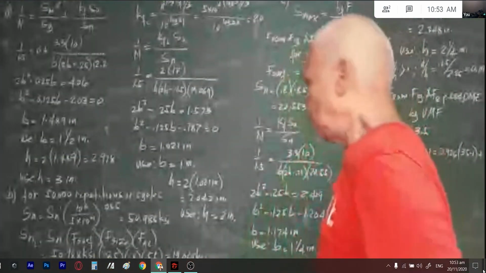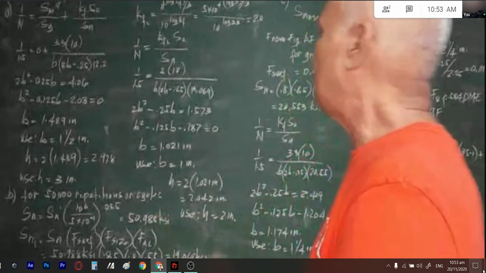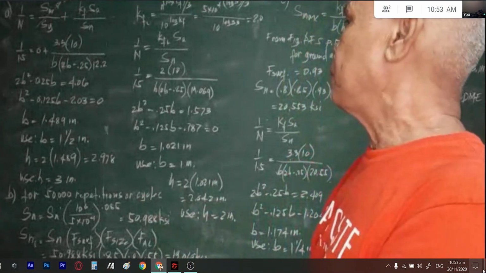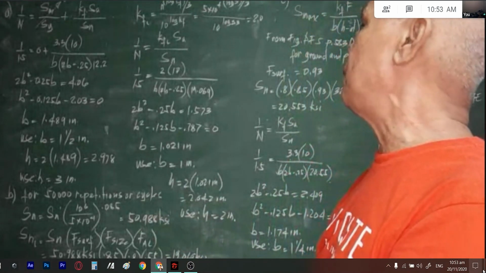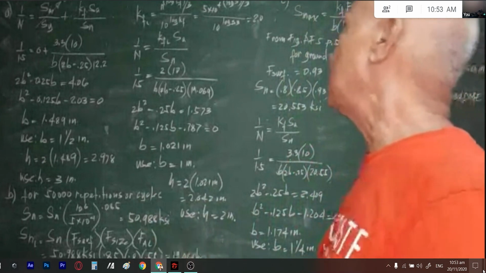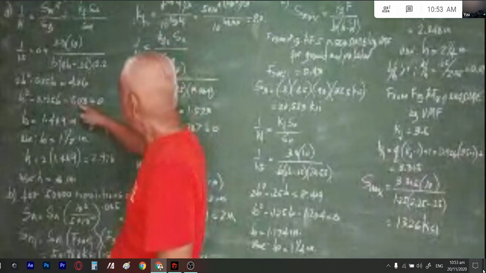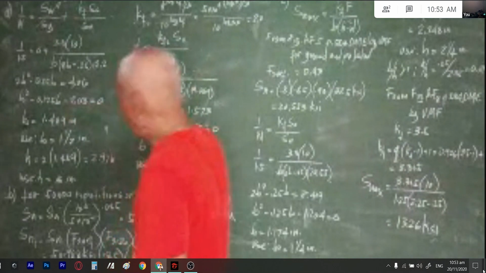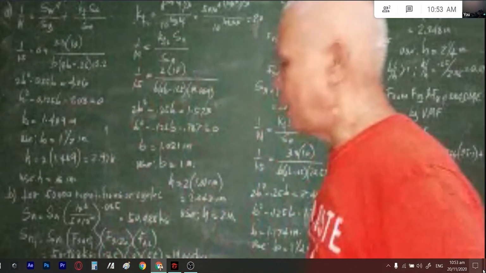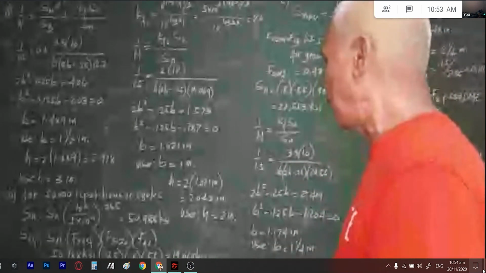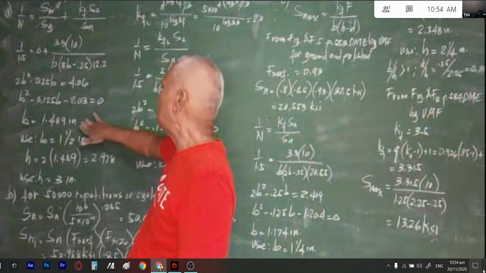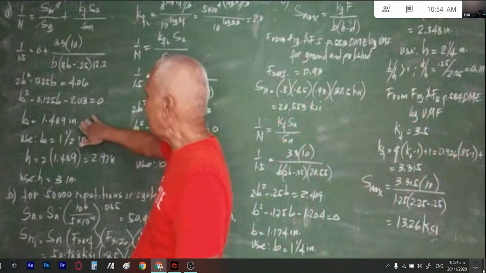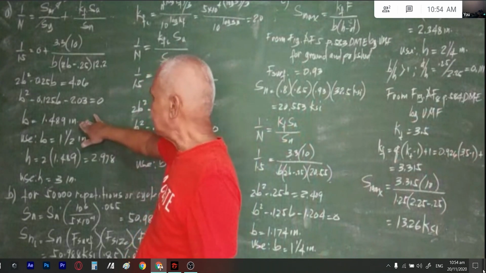So the equation will be reduced to 2b squared minus 0.25b equal to 4.06. To have it in quadratic form, that will be b squared minus 0.125b minus 2.03. Applying the quadratic formula, we will be able to find b equal to 1.489 inches.